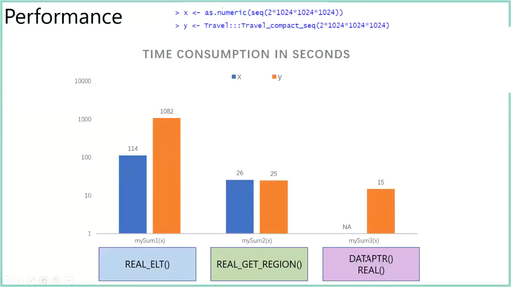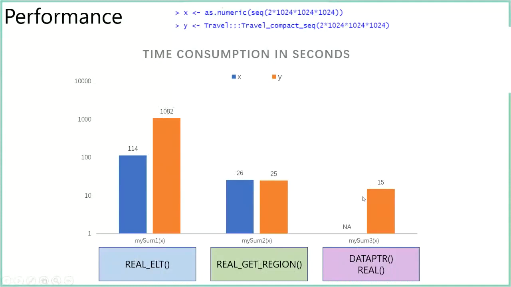And the third one is the problematic one for the naive compact sequence, because it cannot allocate the data. This time, with travel's help, we can return a virtual pointer to the MySum3 function, and then it can happily loop over the pointer and compute the sum of the vector y.